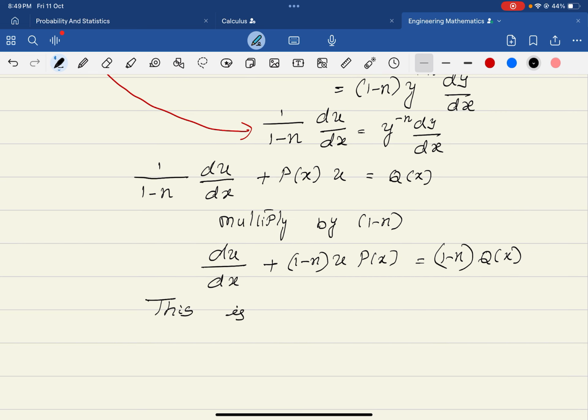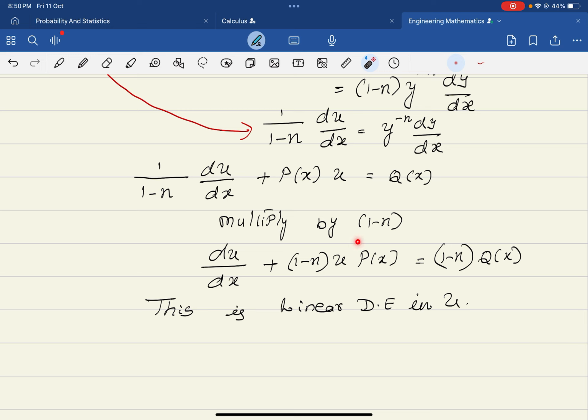This is the linear differential equation in u. So we know how to solve a linear differential equation. We have to find out what is p of x and what is q of x. P of x is 1 minus n times p of x, and q of x is 1 minus n times q of x.